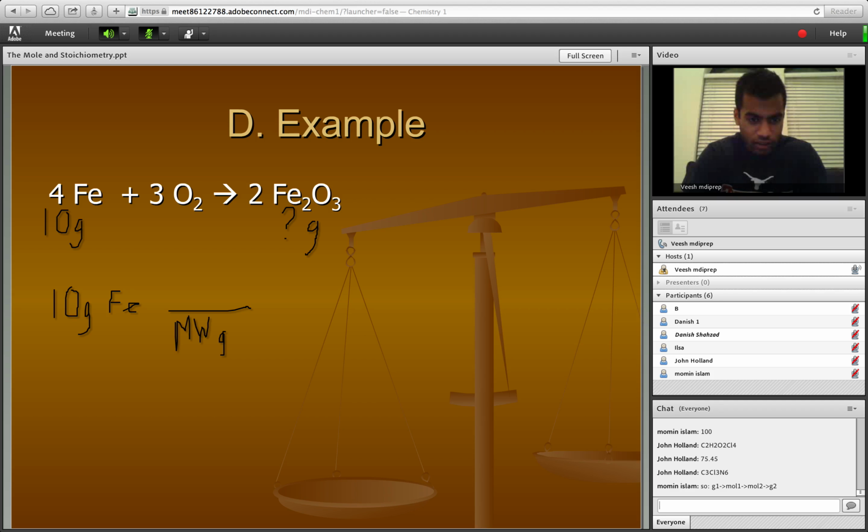I really need to get that whiteboard from Dr. Sutton. I think that'll help a lot for something like this. One of that many grams would be 1 mole.